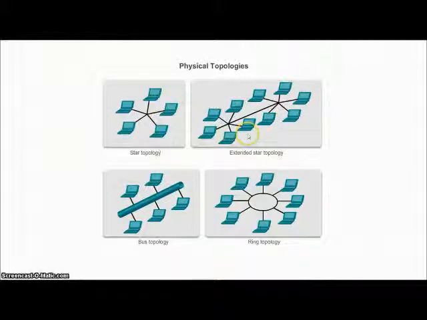We have here the extended star topology. As the name says, it's an extended star topology. Central intermediate devices interconnect other star topologies. In a hybrid topology, the star networks may interconnect using a bus topology, which is right here, the bus topology.